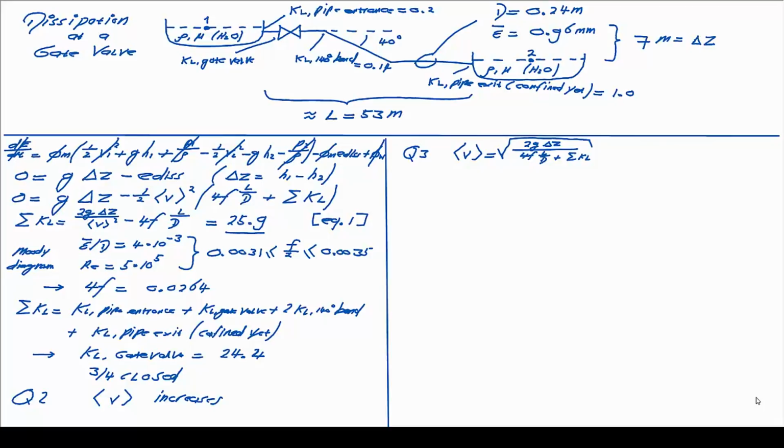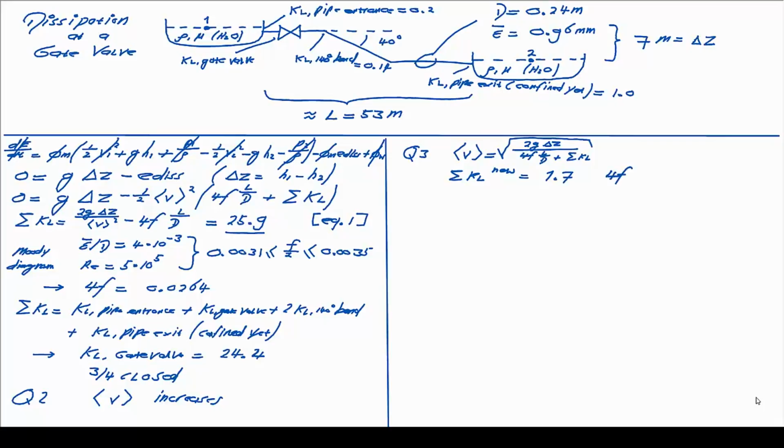Sigma KL consists of the KL from the gate valve, which is now fully opened. Its value changes from 24.4 to 0.2. This last value can be looked up at the formula sheet. Consequently, sigma KL changes from 25.9 to the new value of 1.7.